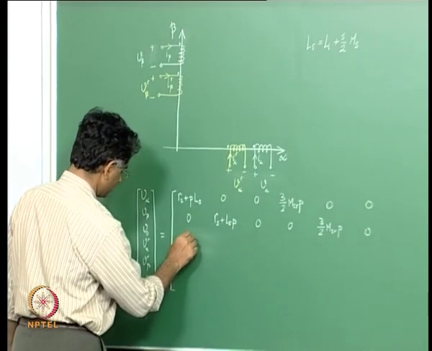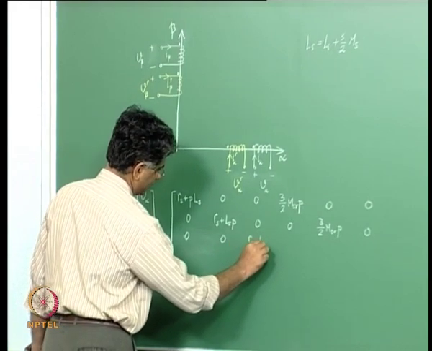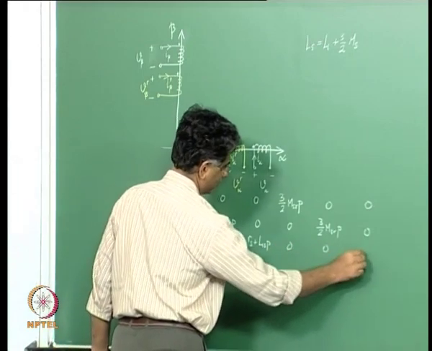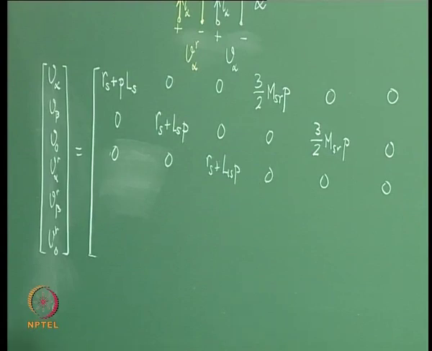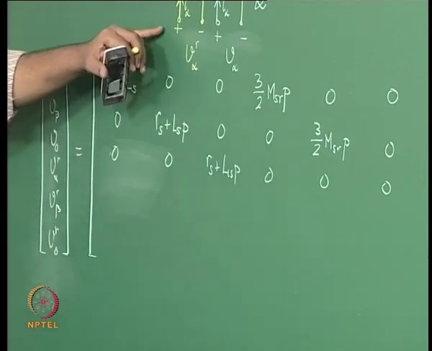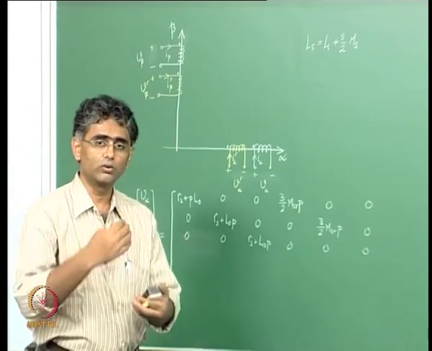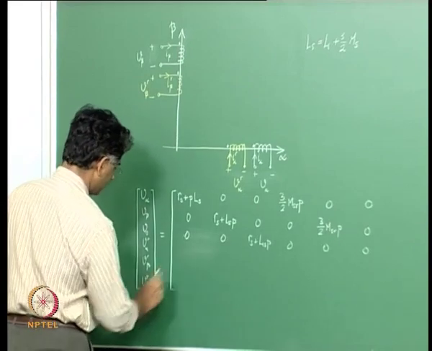So, for the V0 term of the stator you have Rs plus L leakage inductance P, and then 0 everywhere else. For the V alpha R term, this is a pseudo stationary coil that has been placed, the rotor has been transformed to the stator, and therefore you will have speed EMF terms.